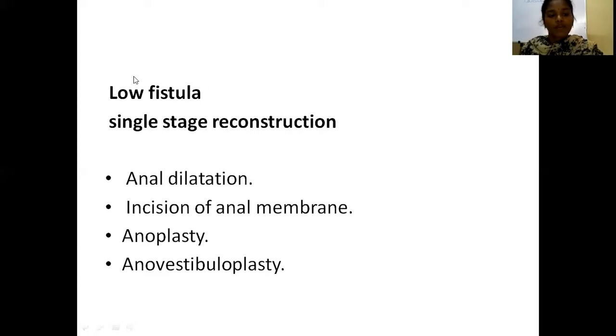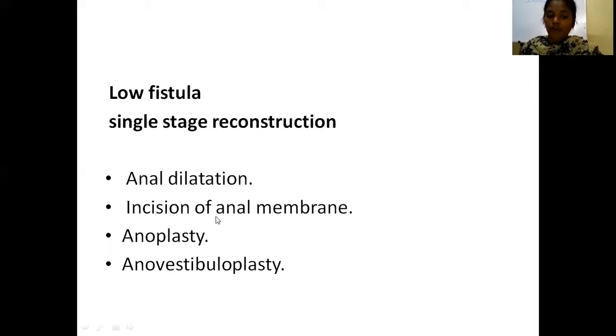Coming to the treatment, for low anorectal malformations or low fistulas, the correction is a single stage reconstruction. At one stage, we can correct these anomalies. The treatment options include anal dilatation for anal stenosis. If there is a persistent anal membrane, you incise the anal membrane.